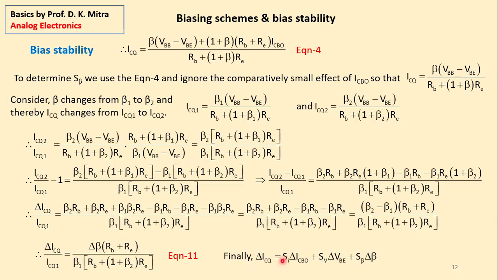So if this factor SI is given to you and ICBO change is given to you, you can find out what is the change because of this. SV is given to you. If del VB is also given, this creates some change. Similarly, the third part, all these three components of changes make the final change of del ICQ.